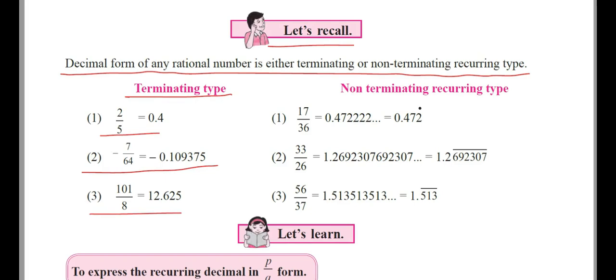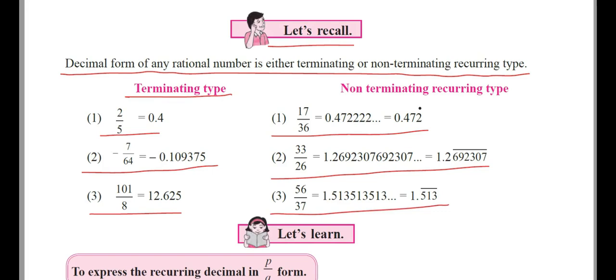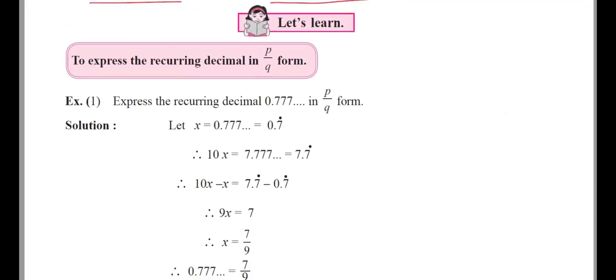And another, that is 17 upon 36, 33 upon 26, 56 upon 37; these are the non-terminating type. If the prime factors are 2 or 5, then it is a terminating type, and if the prime factors are other than 2 and 5, then it is a non-terminating or recurring type.